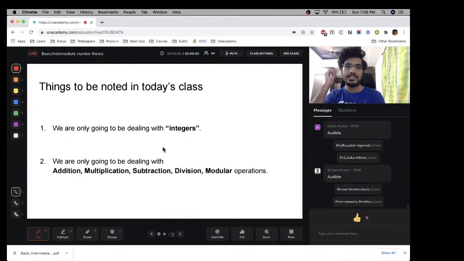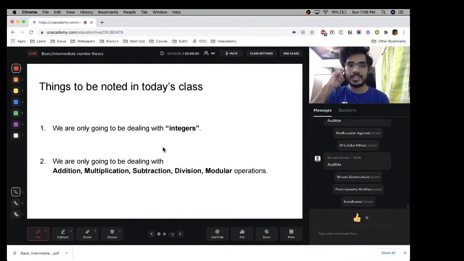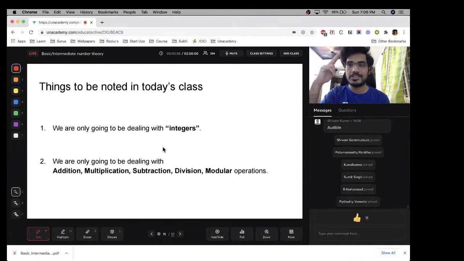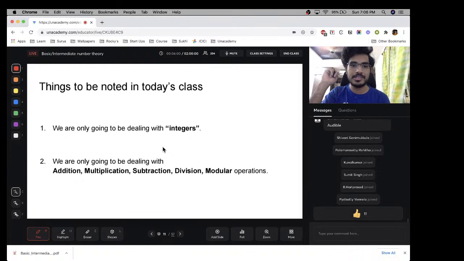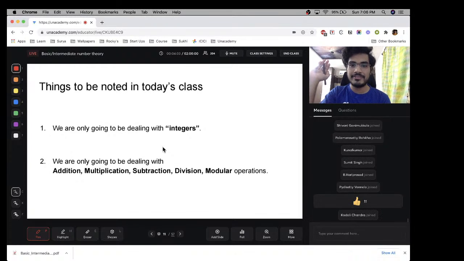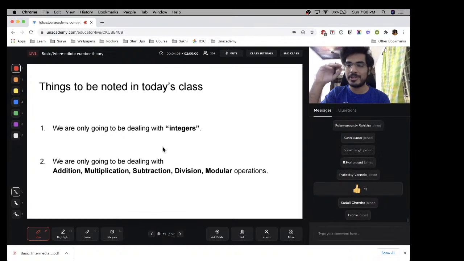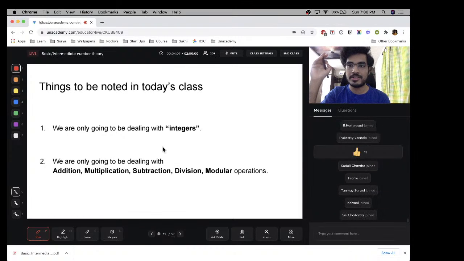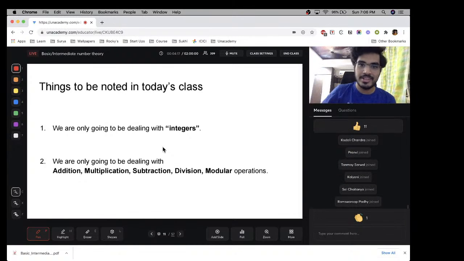So before starting, please note two important points. The first one is, we are only going to be dealing with integers. We are not going to talk about real numbers or rational numbers or any decimals or complex numbers, nothing. It's simple. We are only going to deal with integers.